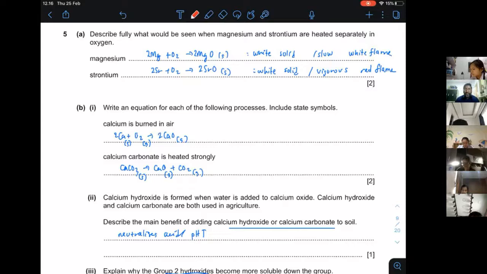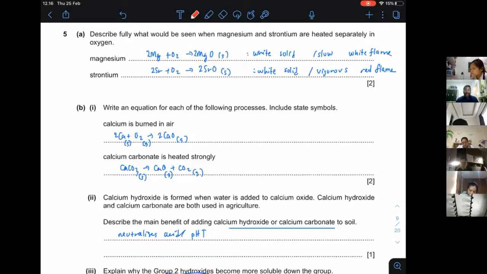So coming back to question number 5, this is going to be a group 2 metal question. You can see here, this is a combination of group 2 and your lattice energy chapter, because normally for group 2 they're definitely going to ask you about lattice energy.